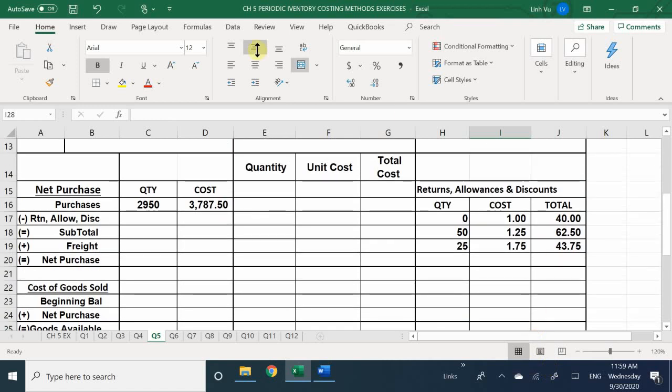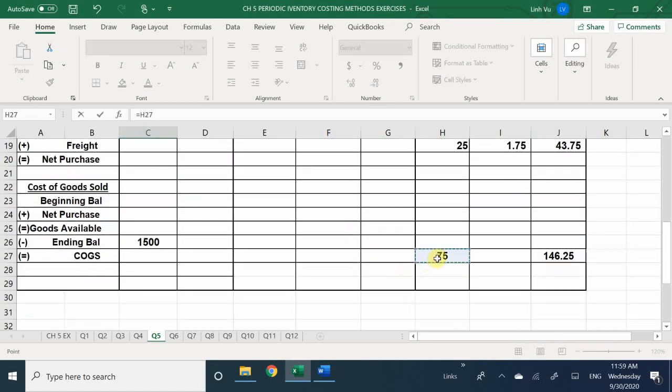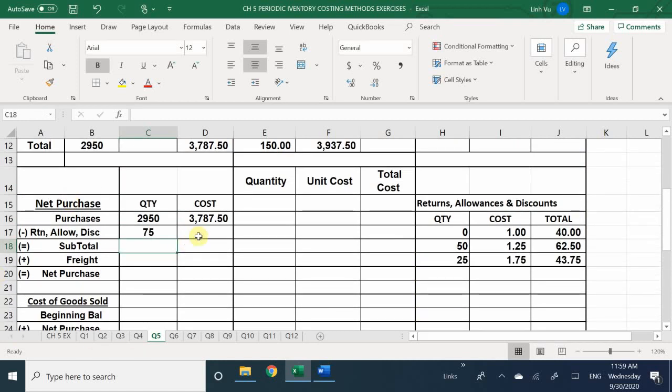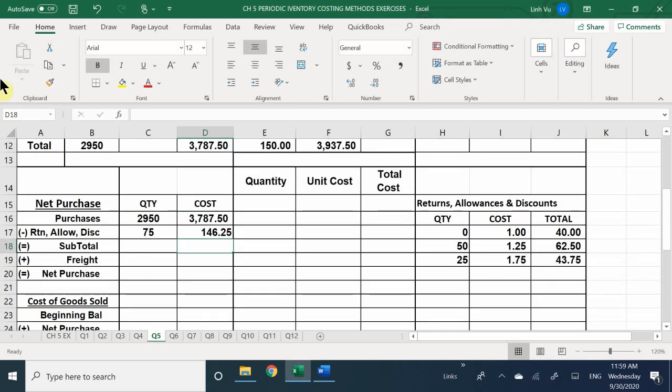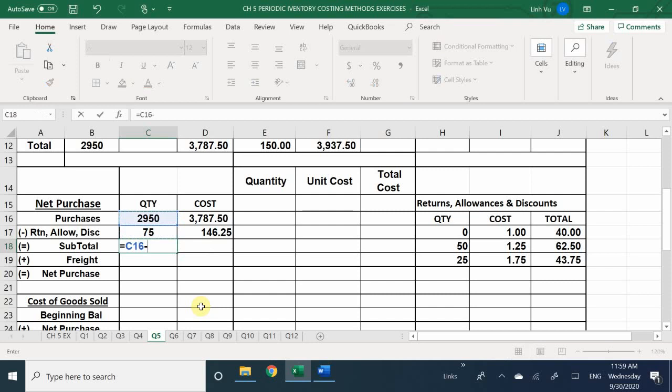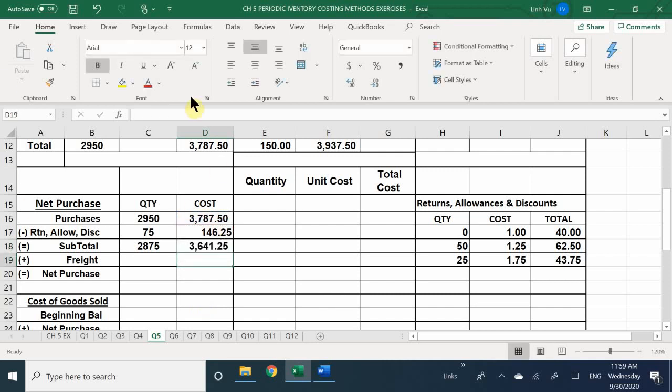Okay? And I'm going to go ahead and apply them here. So this is 75, and this is the 146.25. Okay? So my subtotal here is going to be this subtract this to get me now. I am down to 2,875, and my value has decreased by this much.